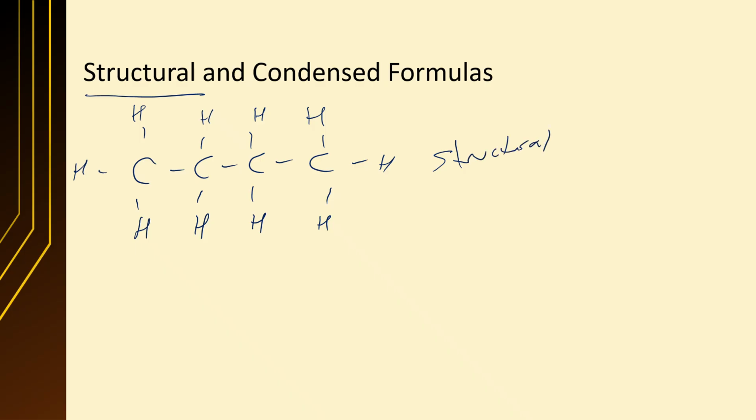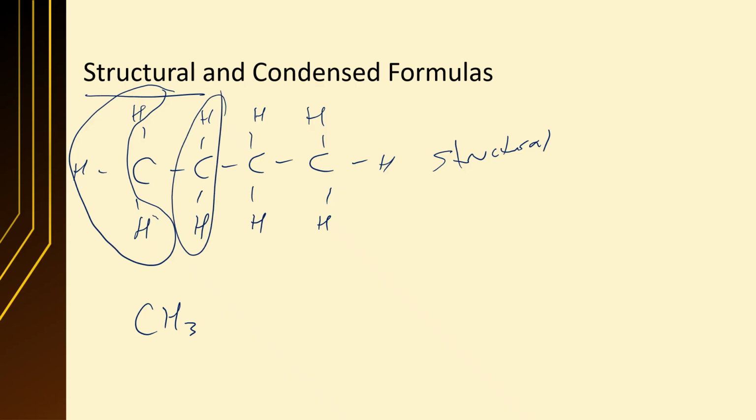But the larger organic compounds become more annoying to draw all the way out, and I like to say organic chemists are lazy, so we will start doing what's called a condensed formula, where all of the hydrogens that are attached to the same carbon, like all three of these, I'm going to write next to it. So the end carbon has 3 hydrogens. The next carbon has 2 hydrogens. The next carbon has 2 hydrogens.